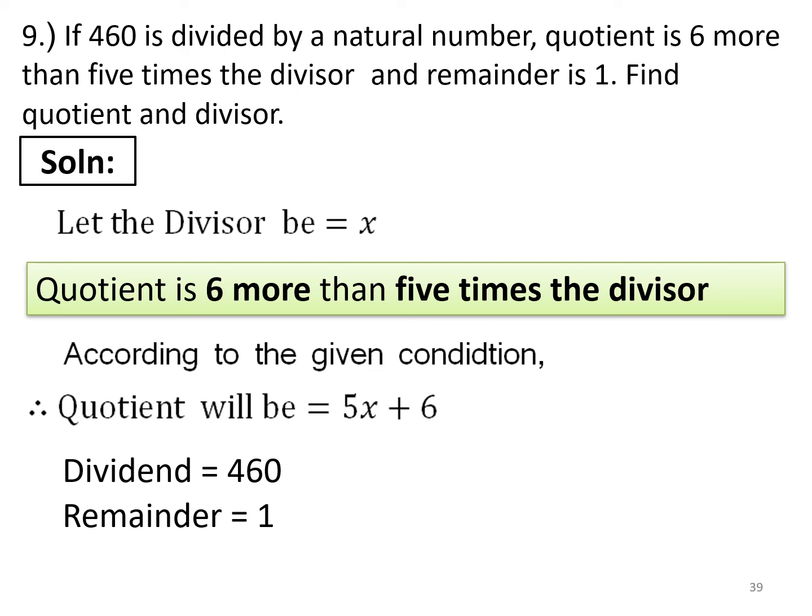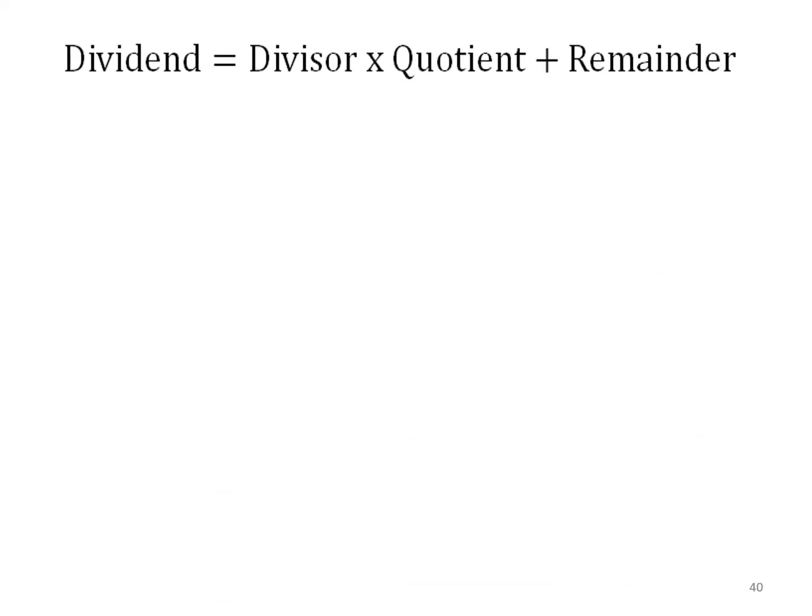In the lower classes, we had studied a formula of relation between dividend, divisor, quotient and remainder. Let's recall that formula. Dividend is equal to divisor into quotient plus remainder. We have all the four values. We will substitute it now. Dividend is 460.